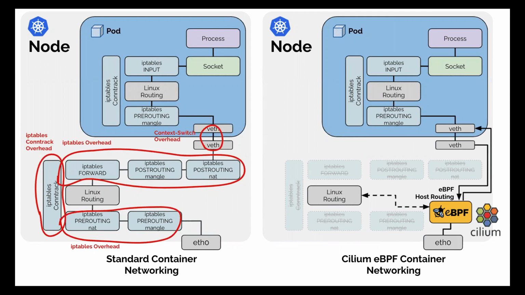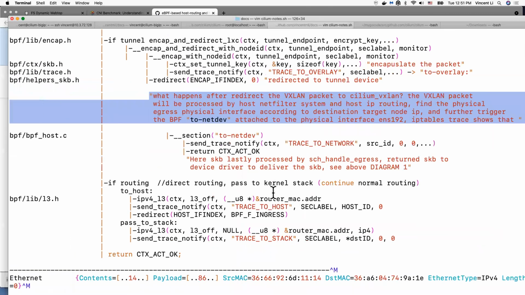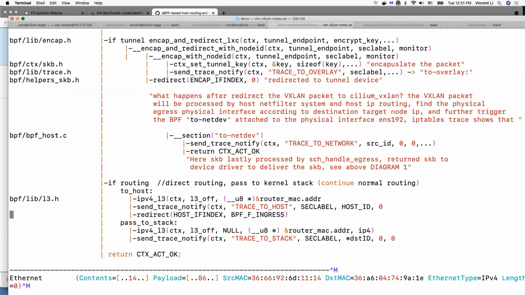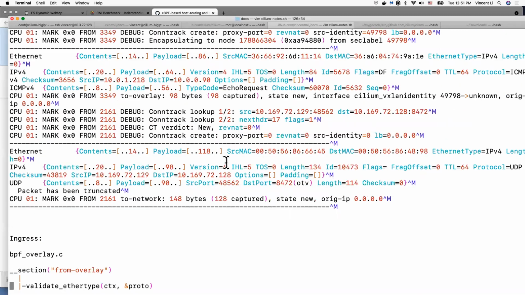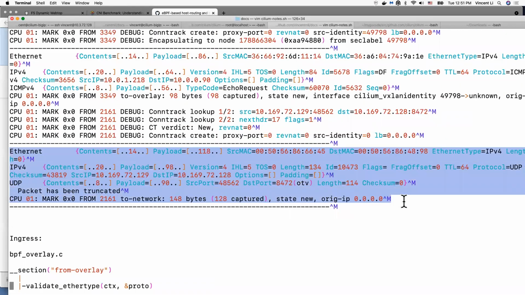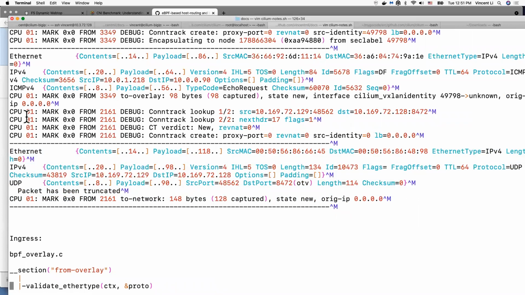Yeah, I think that's what I wanted to clarify here for the egress packet. I still have a little bit of confusion about this part, the contract lookup for the UDP overlay packet.